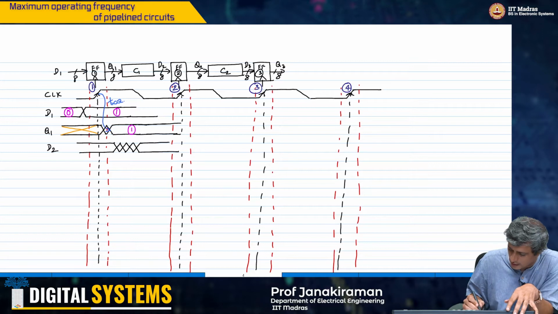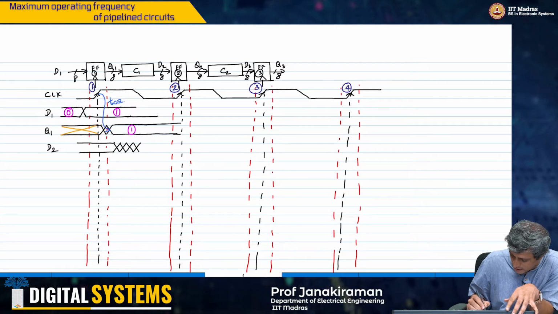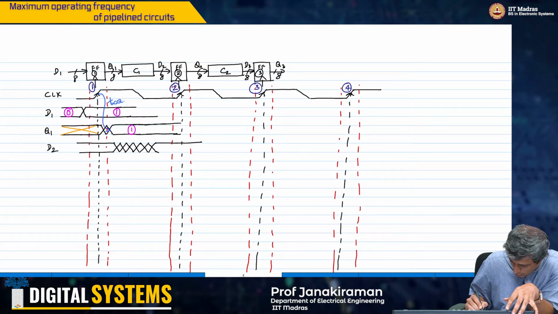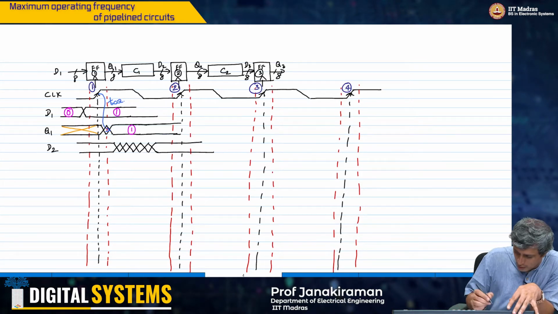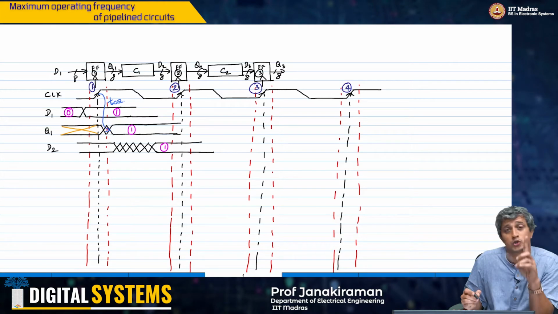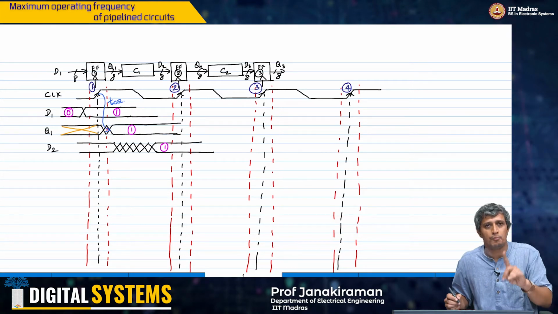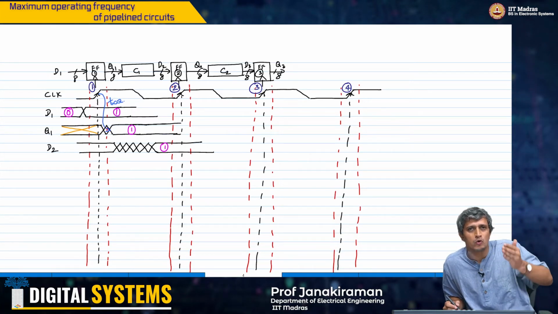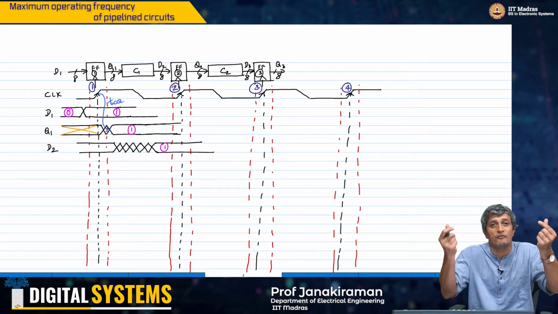and then it will settle to its final value. I am going to represent this also by 1, but remember that D2 and Q1 need not be the same values.